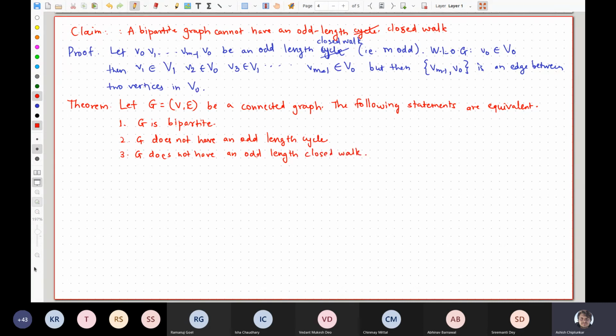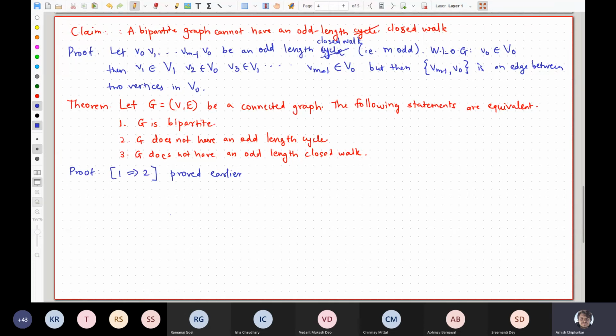Okay, so somebody had an idea of the proof. What was it? First let's identify which claims are trivial. 1 implies 2 is easy, no? So proved earlier. In fact, we also proved 1 implies 3 earlier. Fine. Yeah, what else?